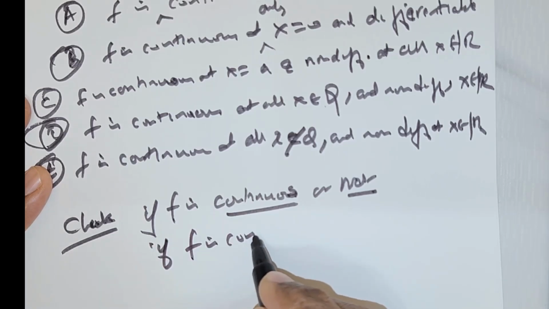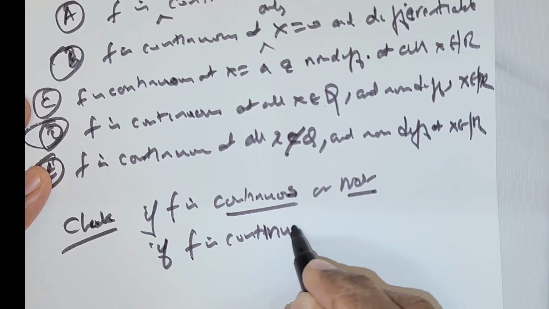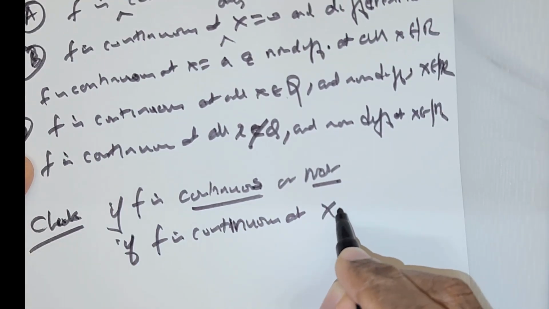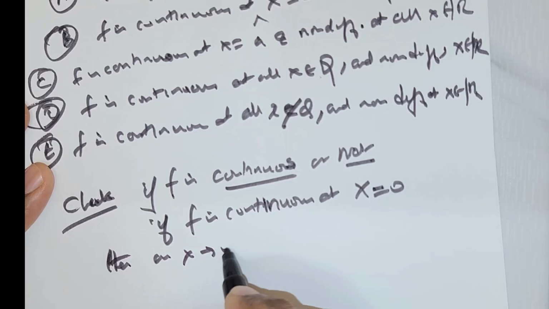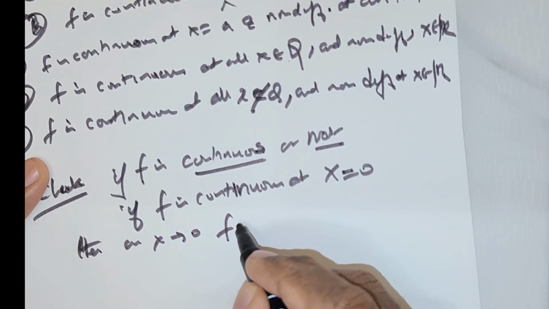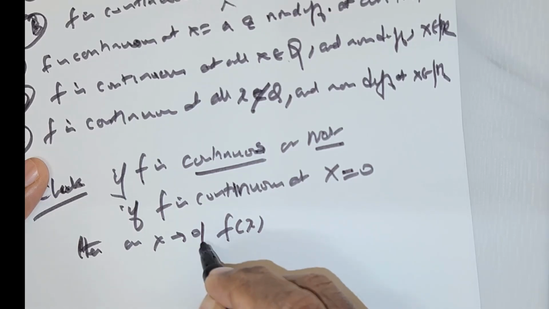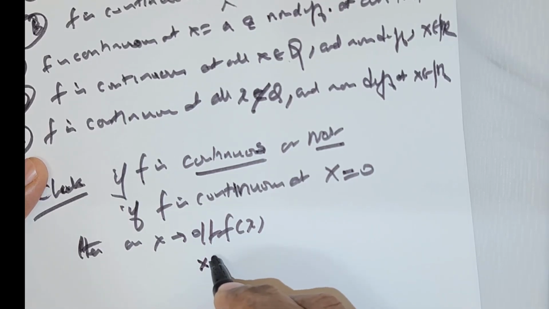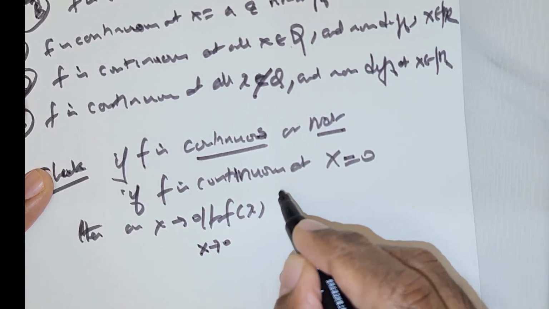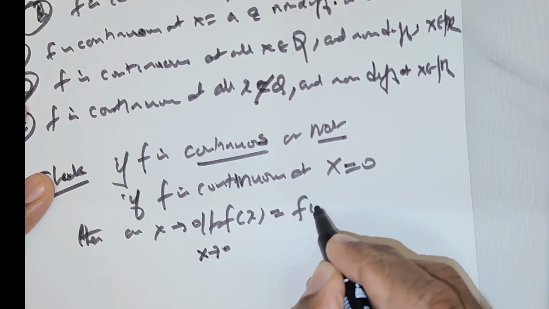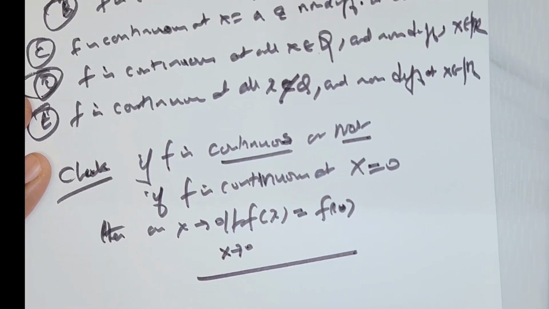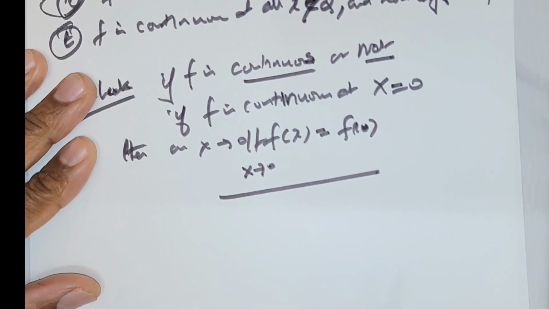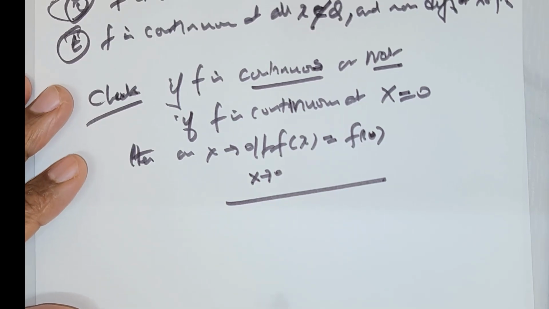If f is continuous at x equal to 0, then the limit as x tends to 0 of f of x should be equal to f of 0, in both the cases, meaning for rational and irrational numbers. We will have to verify that.